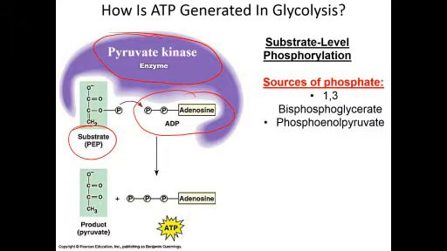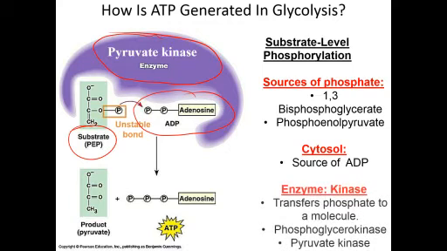This enzyme brings together the PEP and ADP in the right spatial orientation with the right amount of energy, so that the phosphate group from PEP is transferred to ADP, giving you pyruvate and ATP.